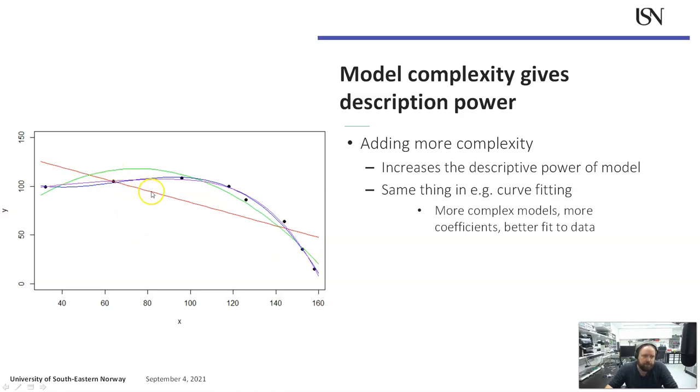But then you can extend your model in complexity by adding another parameter to get a second order polynomial, which is this green line here. And if you do that, then you get a slightly better fit to the data.